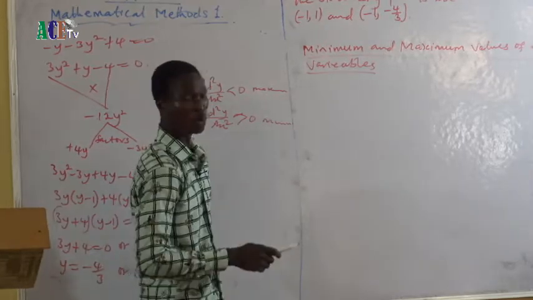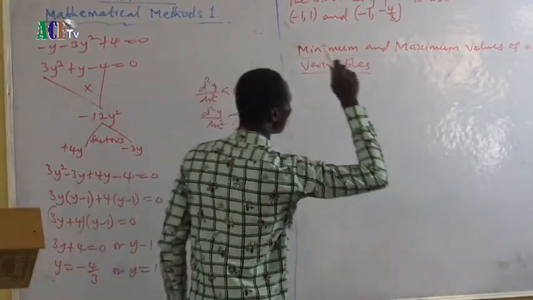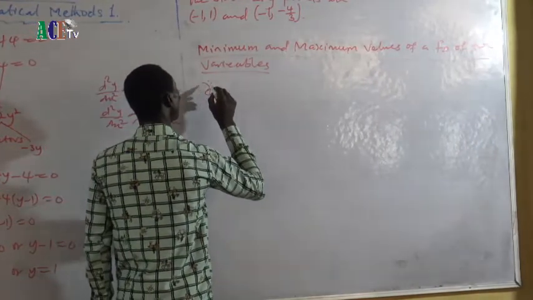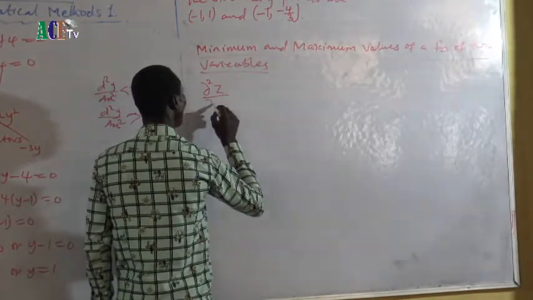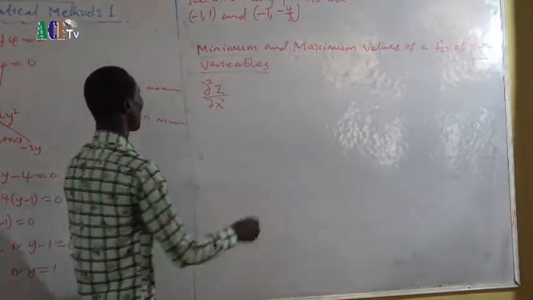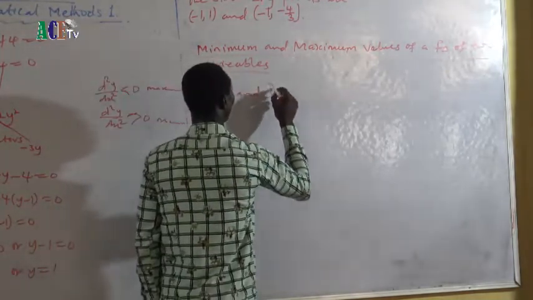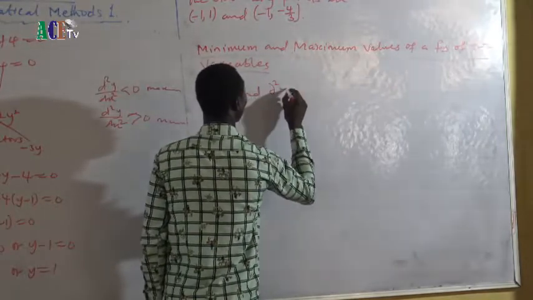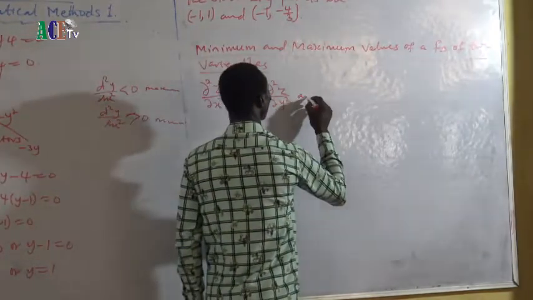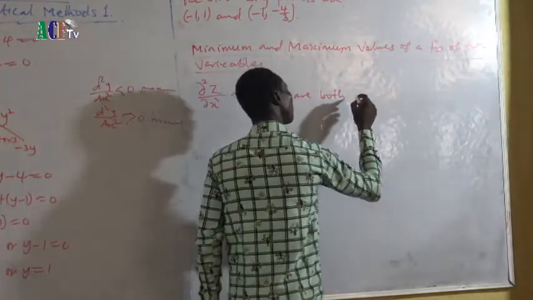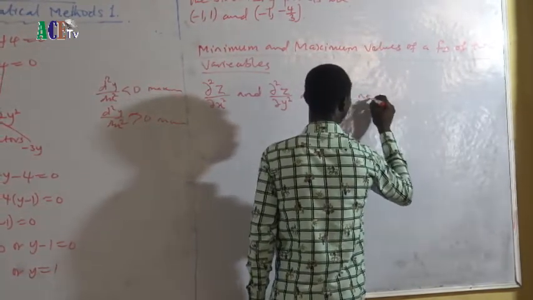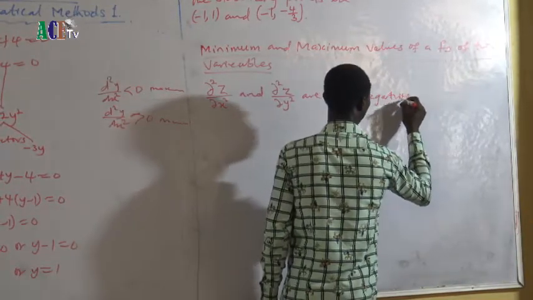But for two variables, with respect to what I've defined, if the second derivative ∂²z/∂x² and the second derivative ∂²z/∂y² are both negative, let me write it in words.